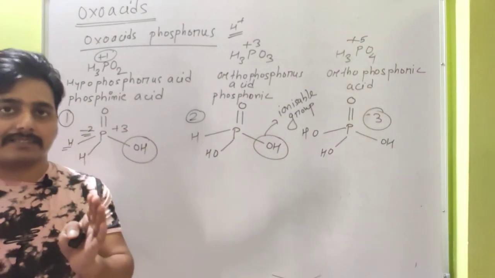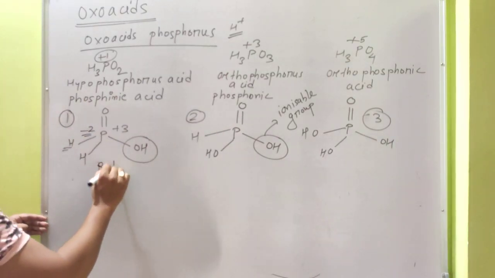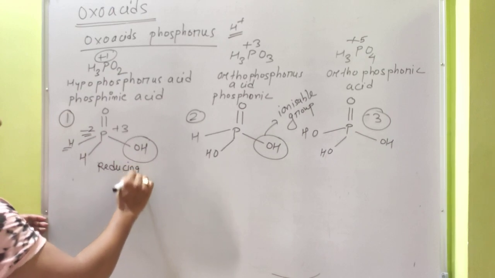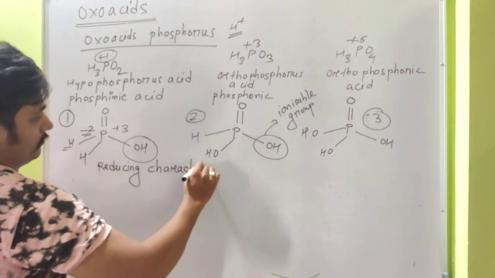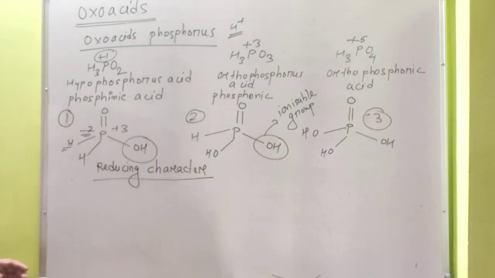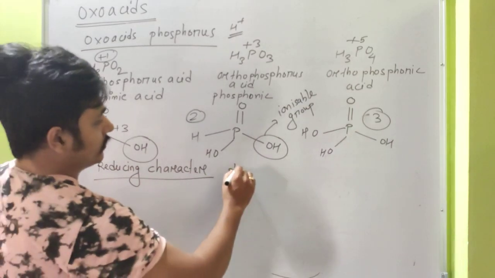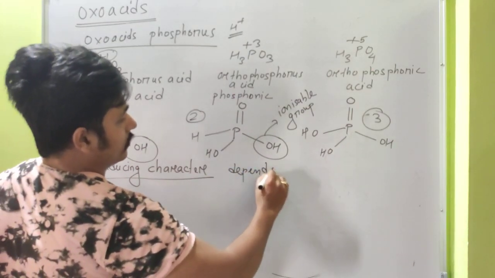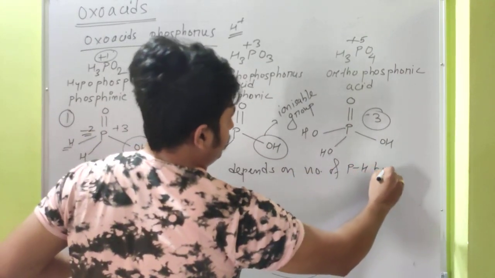So next we discuss reducing character. Reducing character depends on the number of P-H bonds. Depends on what? Depends on the number of P-H bonds.